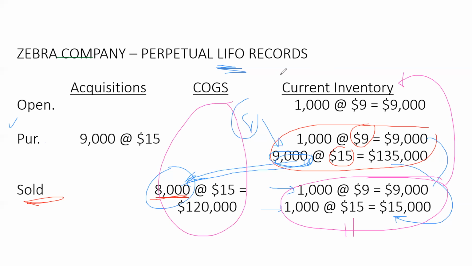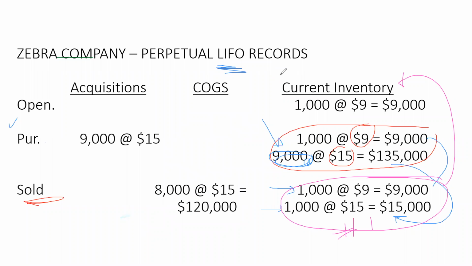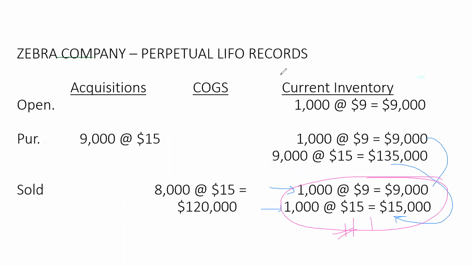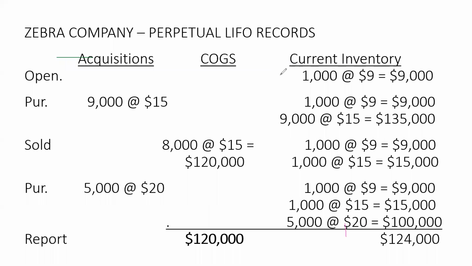So for ending inventory, let's say that's question number 1, it's 9,000 plus 15,000, that's 24,000. If you have question number 2 on a test that says what's cost of goods sold, it's the entirety of this column from top to bottom. If you haven't seen this before, this will take a little bit of practice, but this is not difficult stuff. This is how companies do it all the time when they're doing their accounting records.